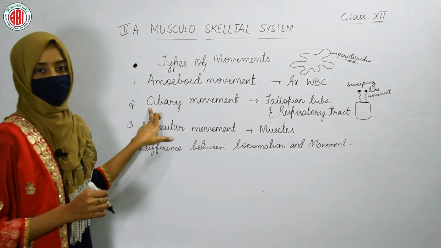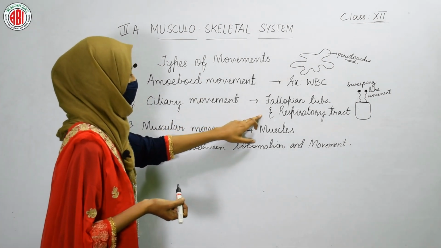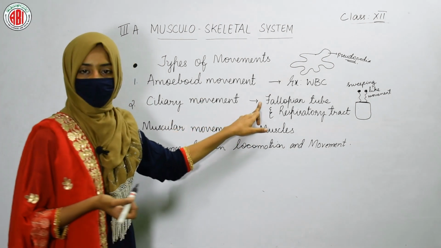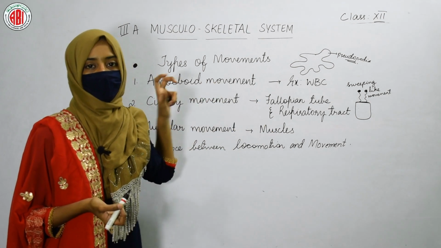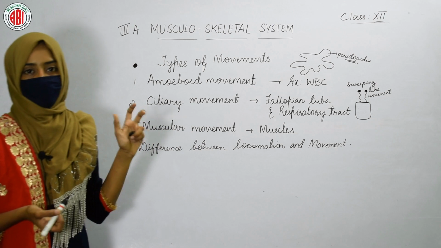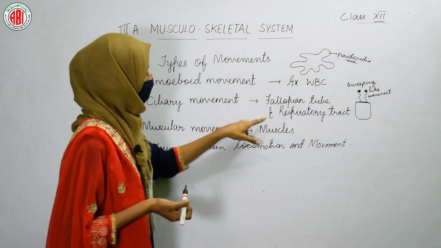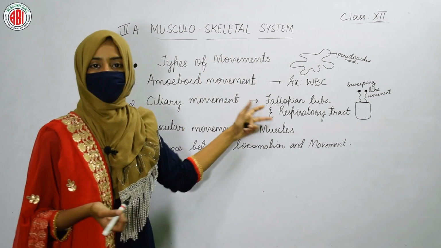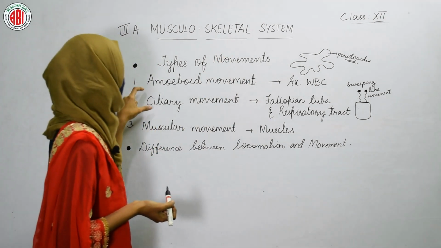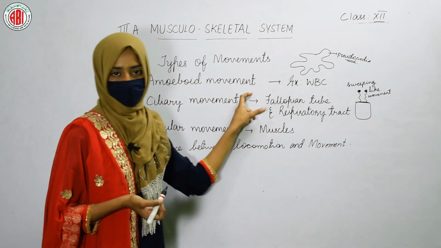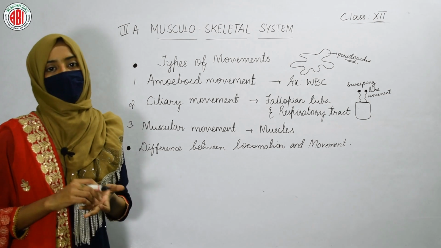In the fallopian tube, cells show ciliary movement in order to transport the ovum from one place to another, and to move the mucus present in the respiratory tract, again the ciliary movement is shown by the cells. So due to the ciliary movement, the ovum and the mucus can be moved.